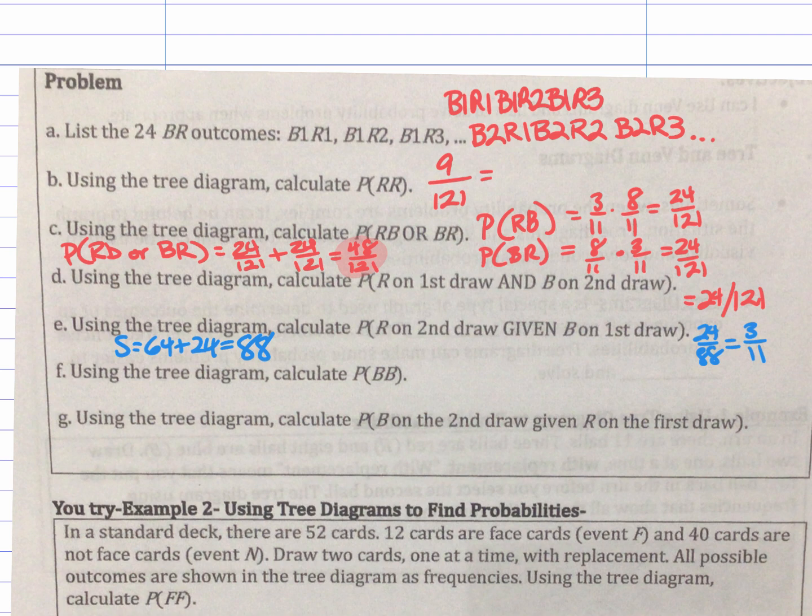Part F, using the tree diagram, calculate the probability of getting B twice. And that one was pretty straightforward. The probability of B twice was the 64 out of our total sample space, 121. Part G, using the tree diagram, calculate probability of B on the second draw, given R on the first draw.